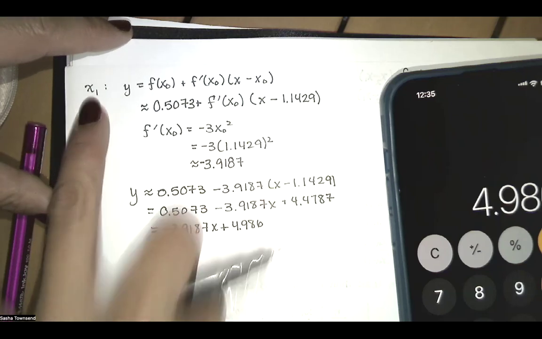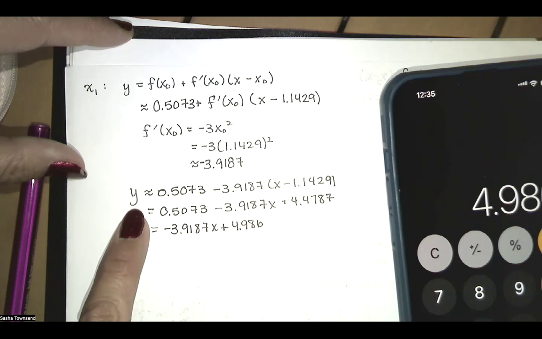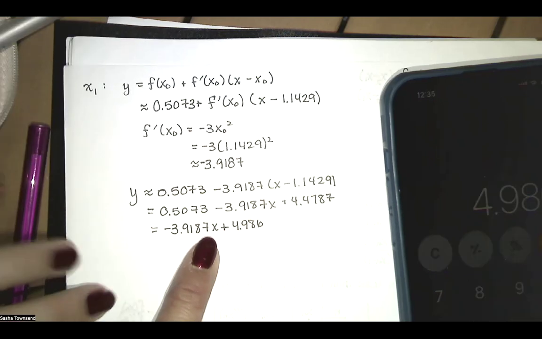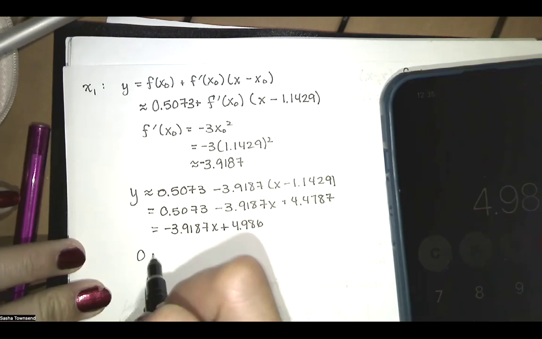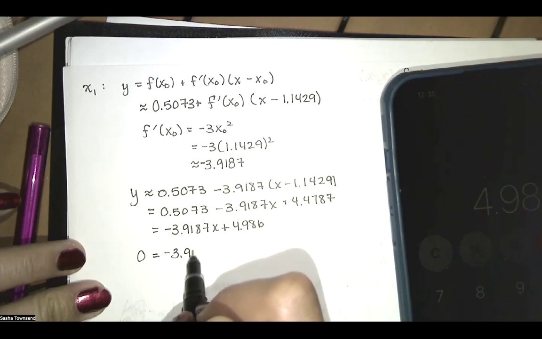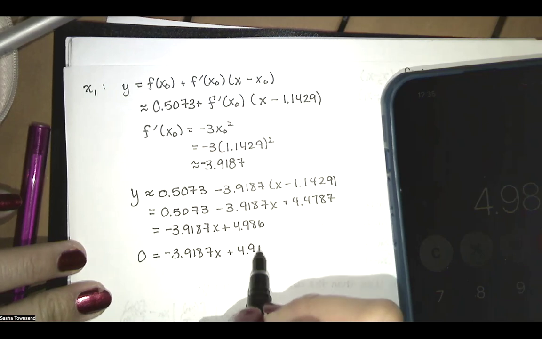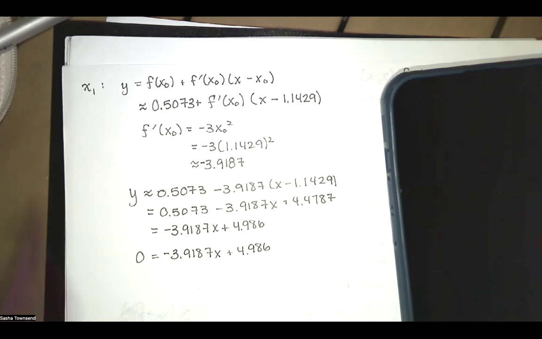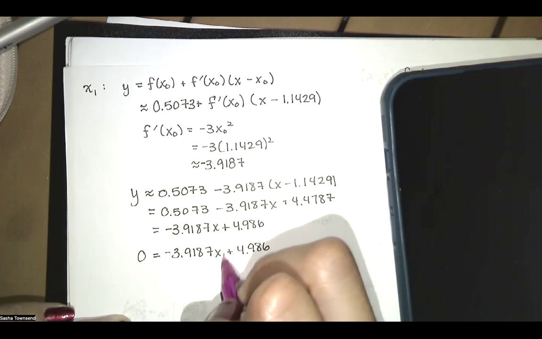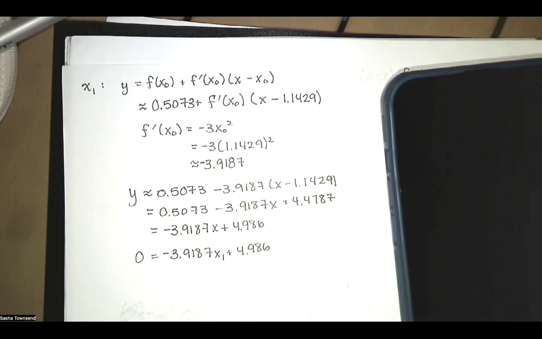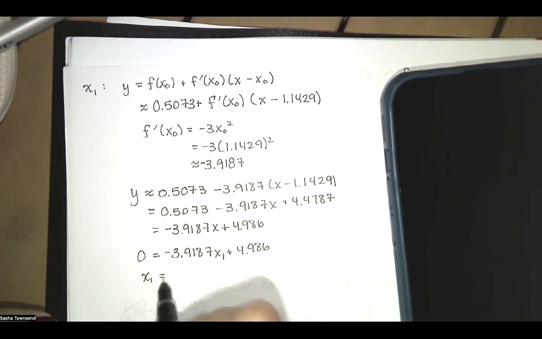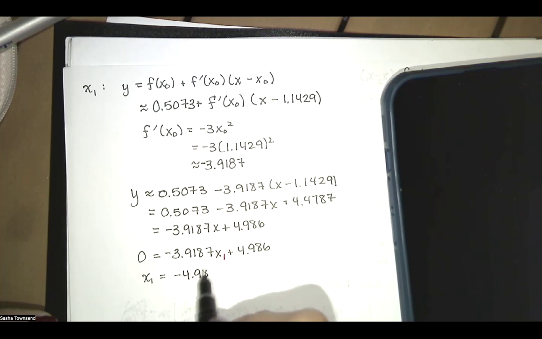Now, in order to find x1, I'll set the y value equal to 0 here and solve for x. So we have 0 equals this value, and the solution of this equation is what I'll call x1. So x1 is negative 4.986.